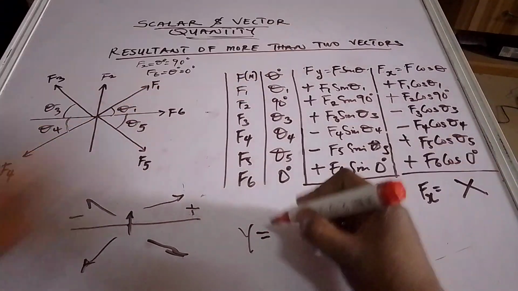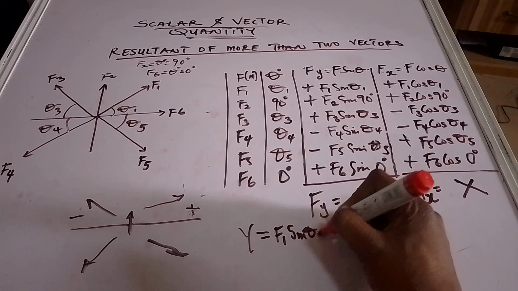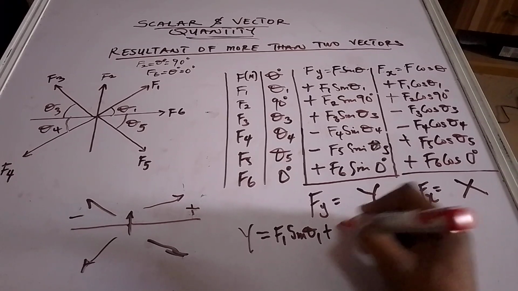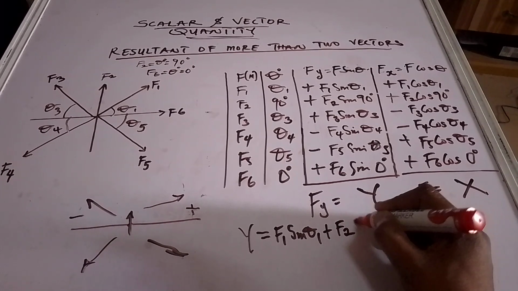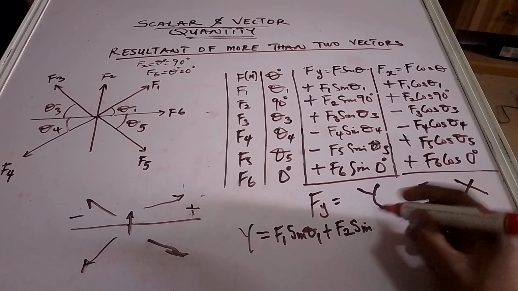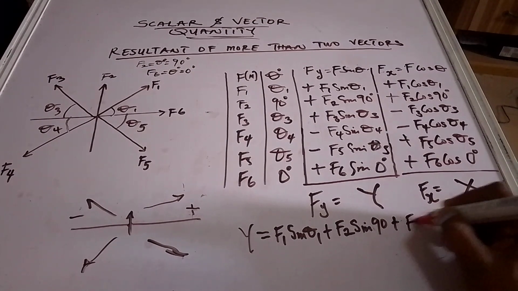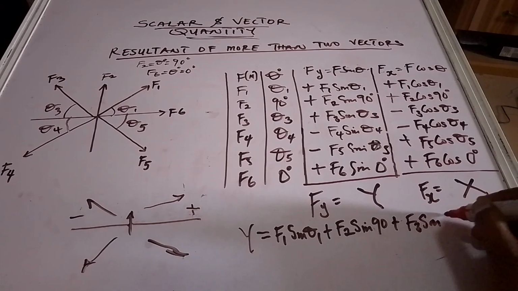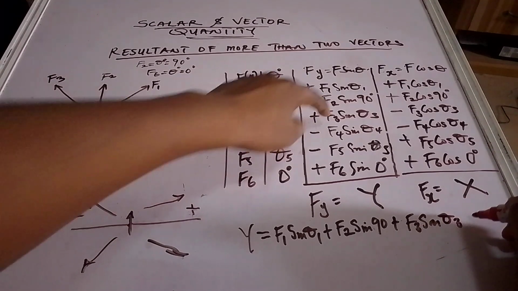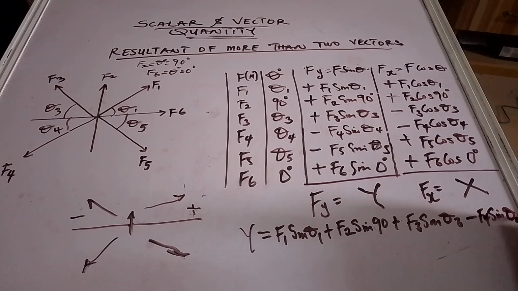So in conclusion, we can now say for y, our y component is going to be F1 sine theta 1 plus F2 sine theta 2, no, theta 2 is 90, sine 90, plus F3 sine theta 3, then minus, because of this one, minus F4 sine theta 4, are you following?